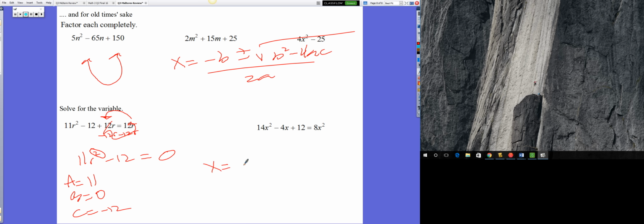So x equals negative b plus or minus the square root of b squared. Always put b in parentheses and then put the square outside of it. Minus 4 times a times c all over 2a. Okay, now type this in on your calculator.